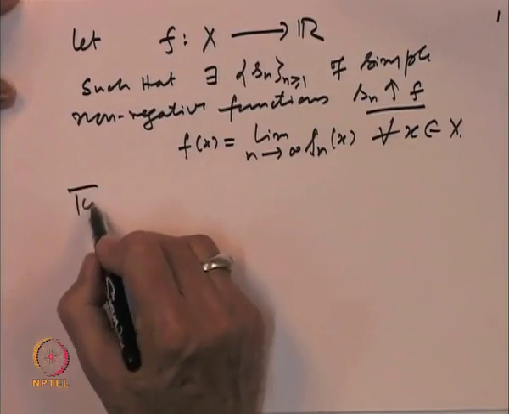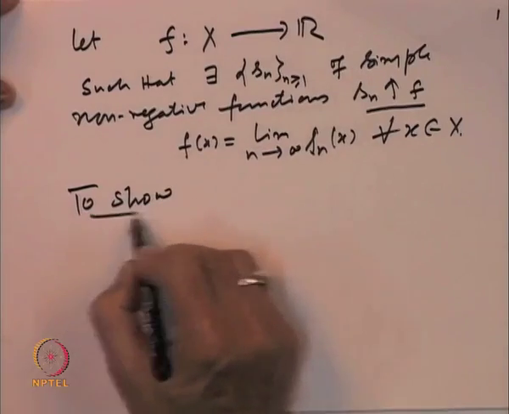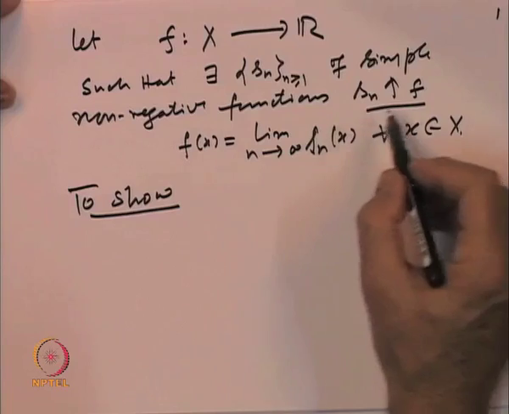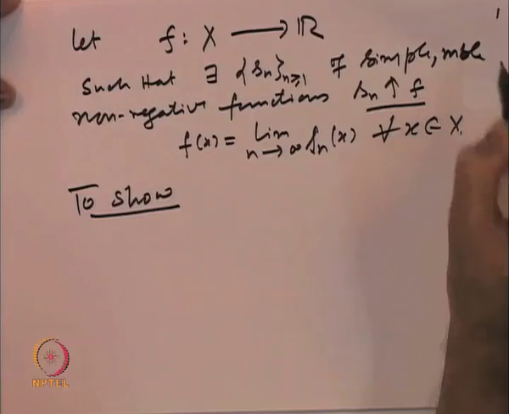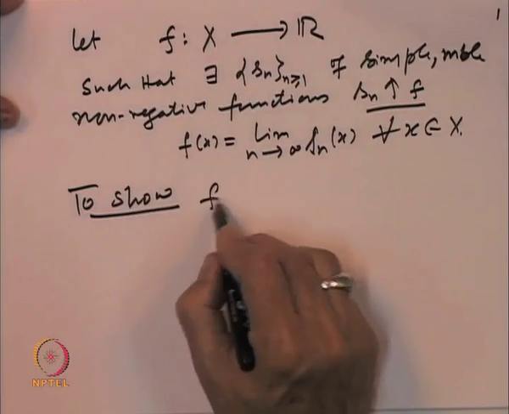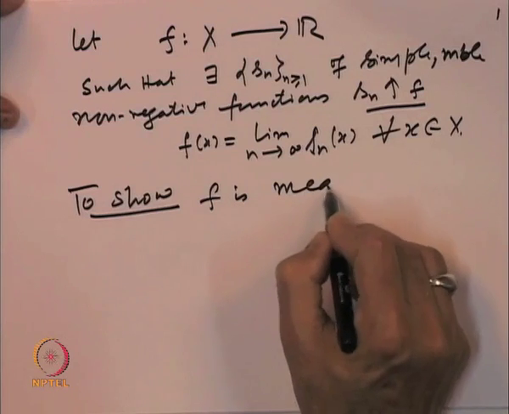So, to show, non-negative simple functions, and each is simple, of course measurable, right. So, to show that f is measurable.